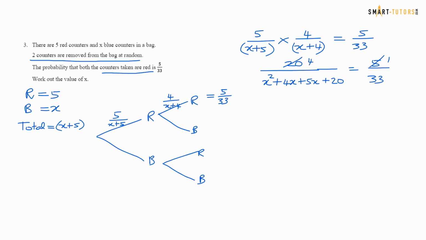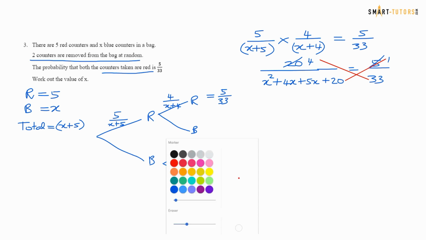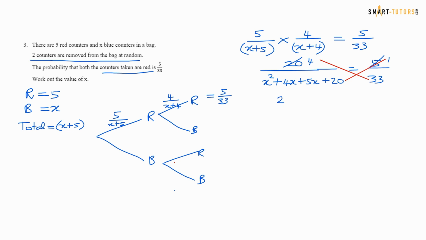Now I'm going to cross multiply, as we call it. Let me take a red pen to show you: this 4 is going to multiply by 33 and this expression is going to be multiplied by the 1. Right, let's do this one. 4 times 33 is 132, equals this whole expression times 1, which is x squared plus 5x plus 4x is 9x plus 20.